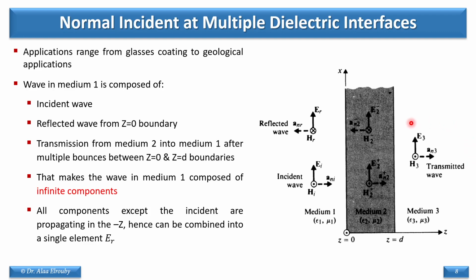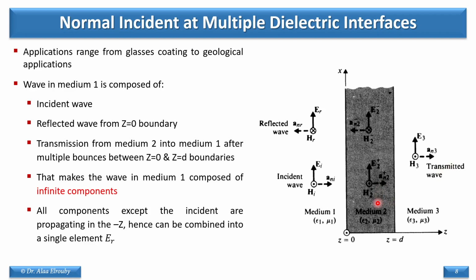Same thing for all the components that are traveling in the positive Z direction in media 3. They can all be collected into one wave, which is the transmitted wave.